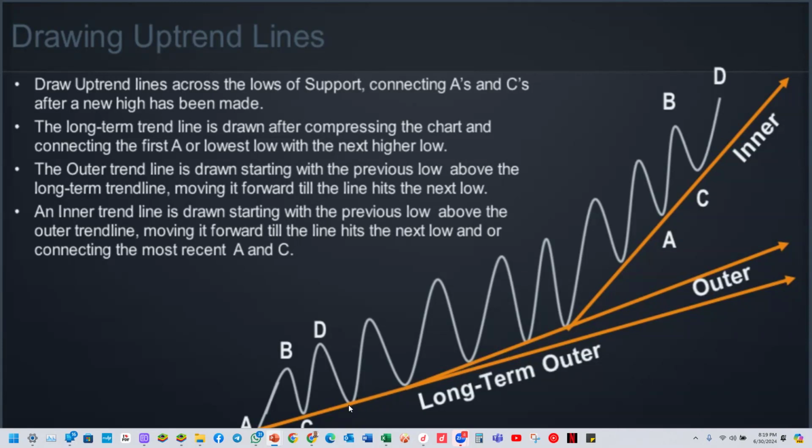if the overall plan of the market is to get to this point here, this D, right? What the trend line does for you is it helps the market get to D faster. Faster in the sense that if the market stays on the long-term trend line like this, even though the market will get here, it will take a very long time because this slope is an upward slope.